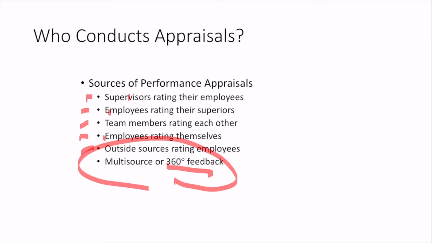So you get a comprehensive, well-rounded approach to the type of worker that you are. And even though it may be more comprehensive and complex, it's going to be the most accurate and the most reliable source of appraisals that you can use.